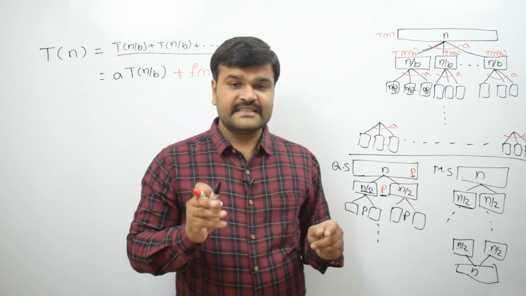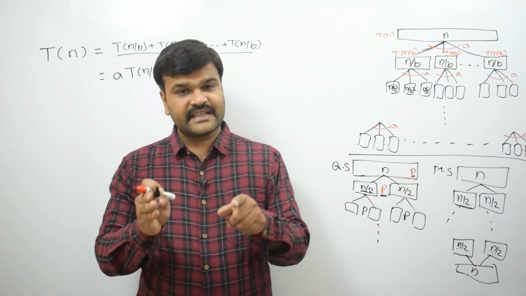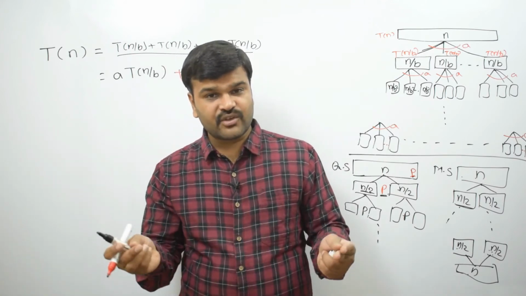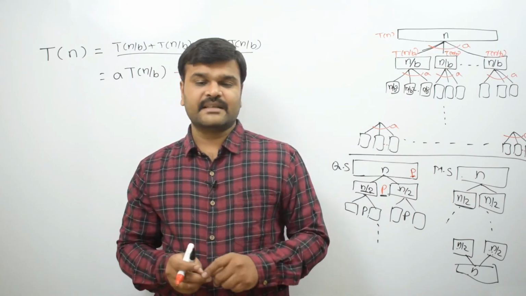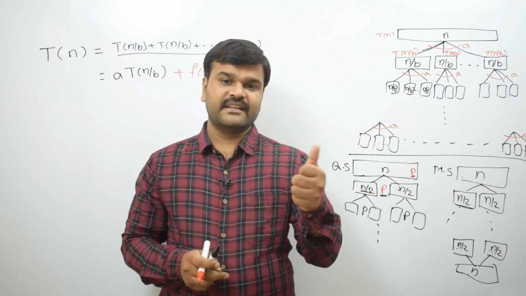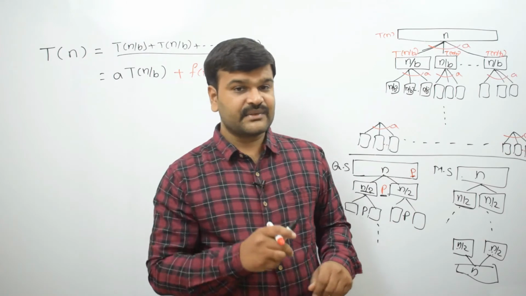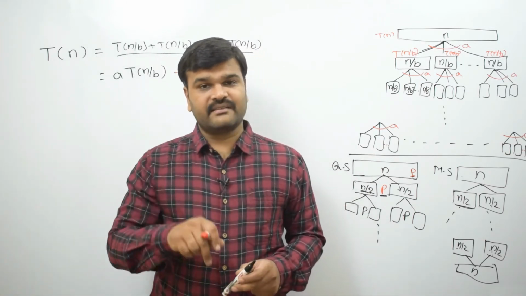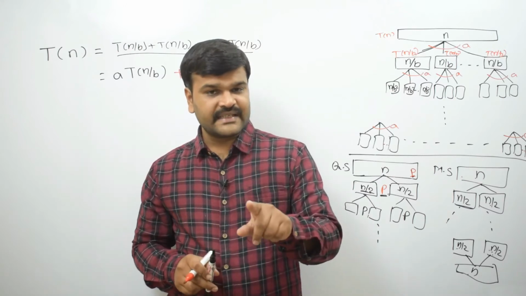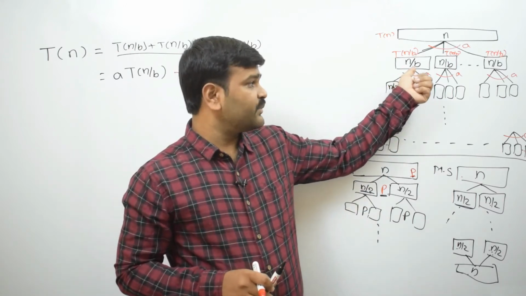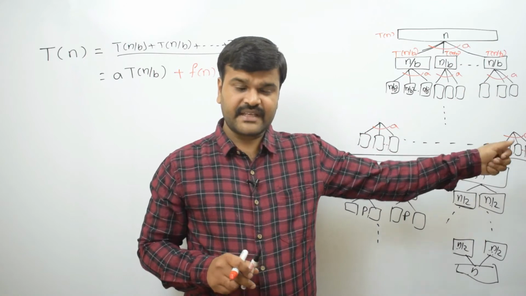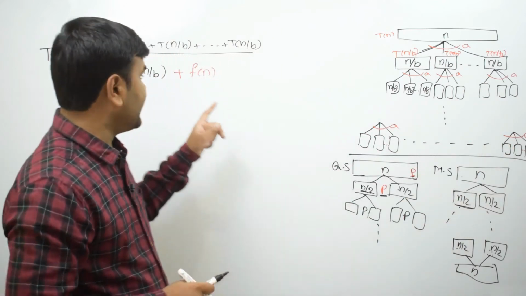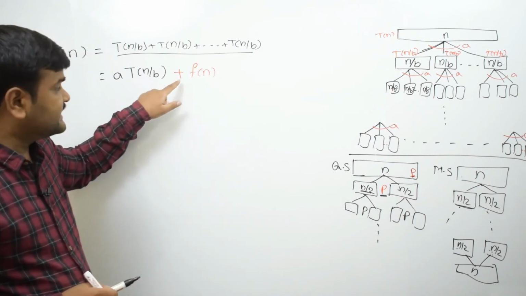That means sometimes you have to divide, and that will take some amount of time based on the given input size. Sometimes you have to combine, and that also will take some amount of time based on the given input size. Sometimes both are required. That is why other than the subproblems' time complexity, we are going to have other time complexities also, which we add here, because this is addition only.